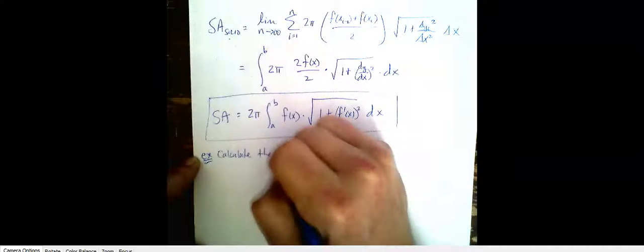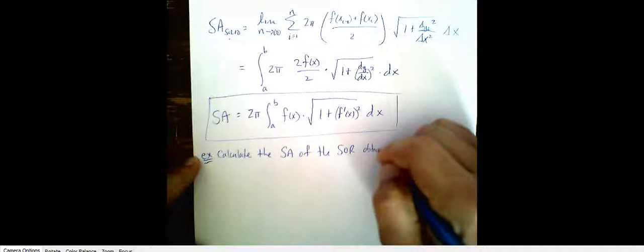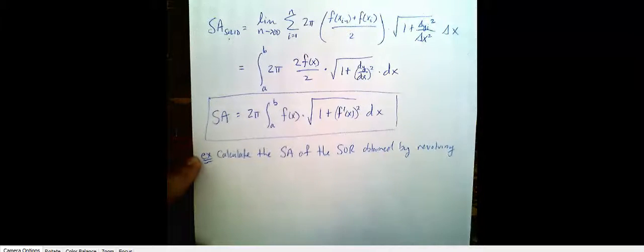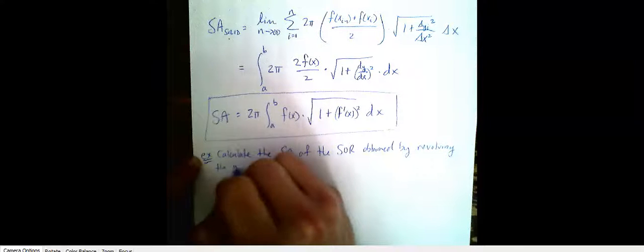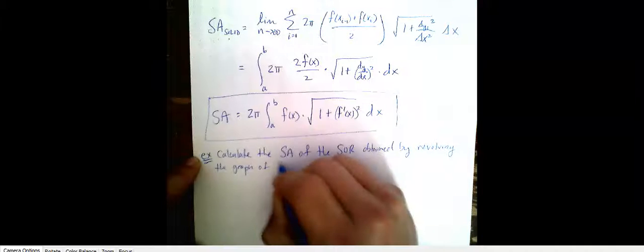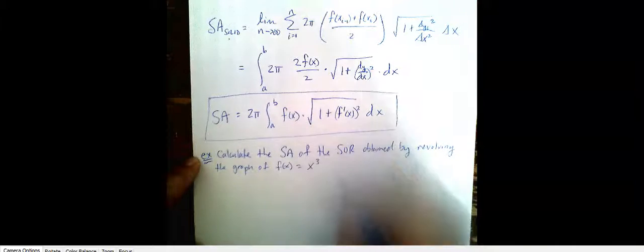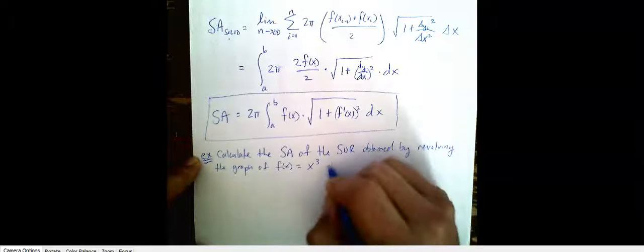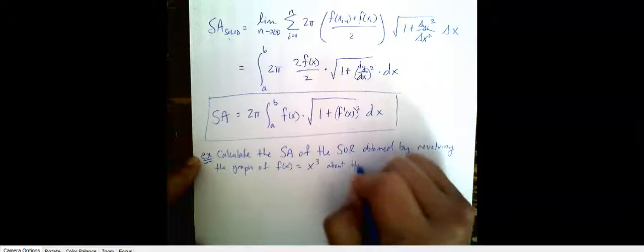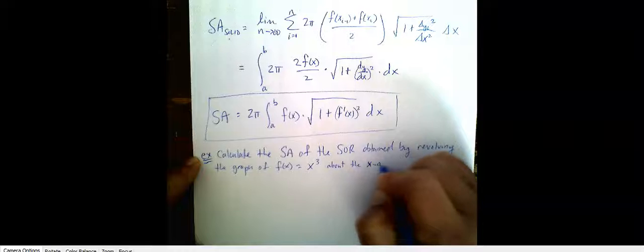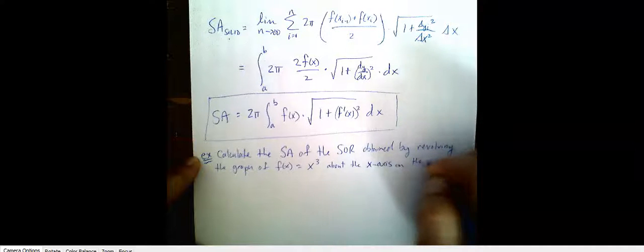So let's try an example. So we want to calculate the surface area of the solid of revolution obtained by revolving the graph of f of x equals x to the third about the x-axis on the interval 0 to 1.